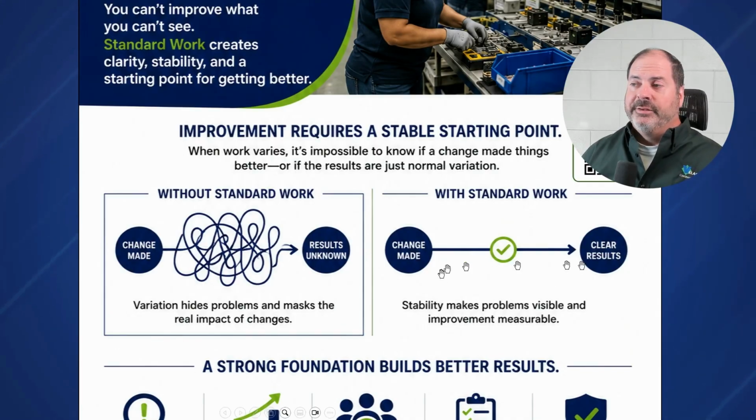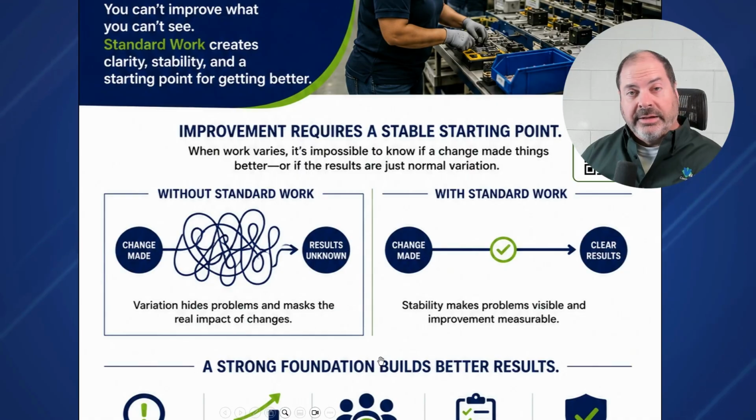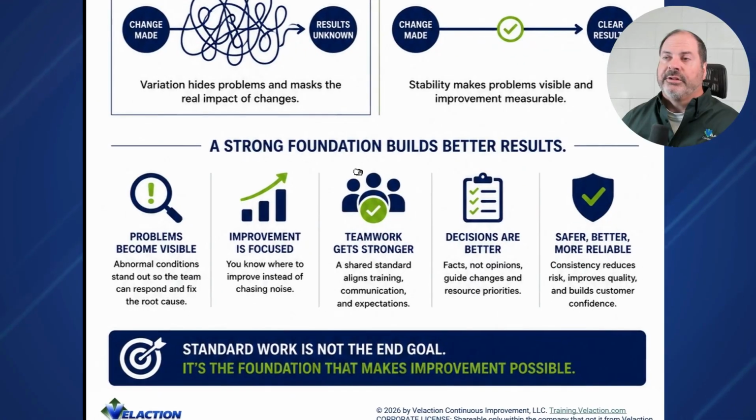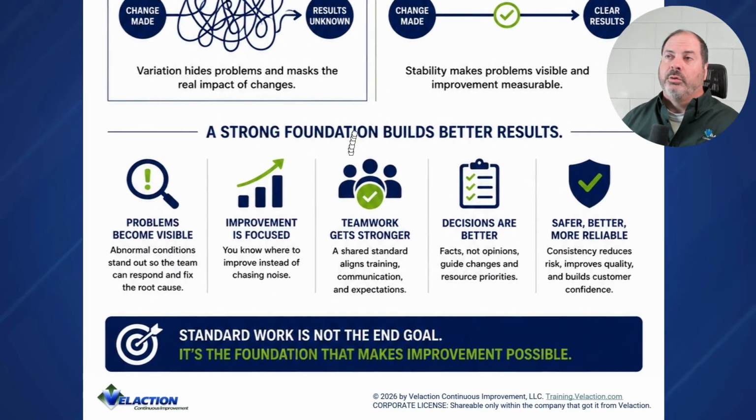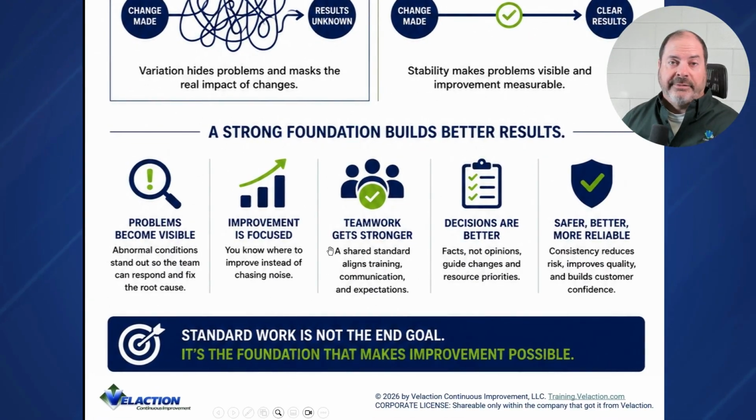But when you have standard work in place, it becomes much easier to tell if change A led to results B. There are no additional variables in there. You have this one thing you changed, and you can tell very clearly how that impacted the results. So that's really the biggest reason why it is so important to have that structure and that standardization in place.